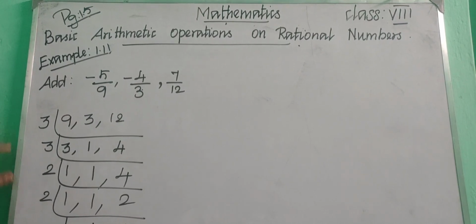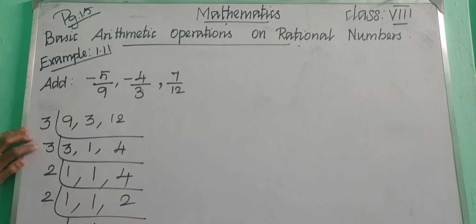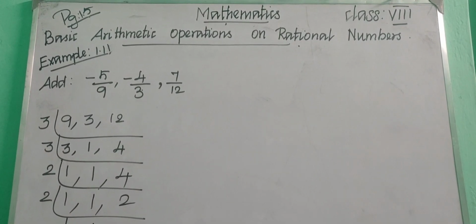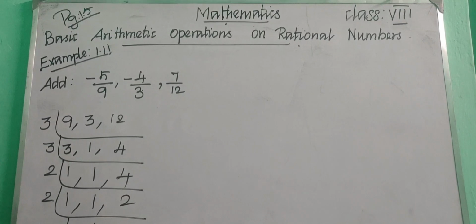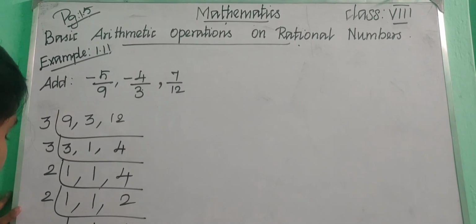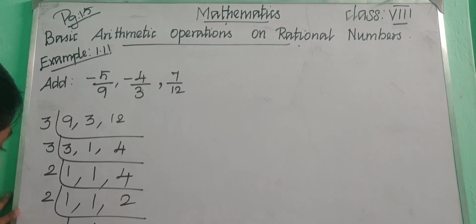LCM equals 3 3s are 9, and 9 2s are 16, right? 16 2s are 32. So the LCM is 32. Sorry, what will you get? So 3 into 2 into 2, right? So 3 3s are 9 and 2 2s are 4.